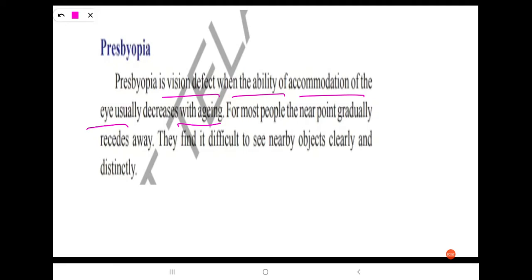For most people, the near point gradually recedes away, so they find it difficult to see nearby objects clearly and distinctly.